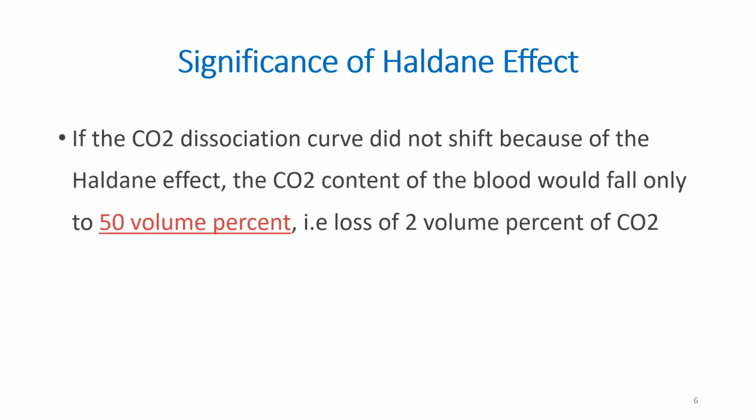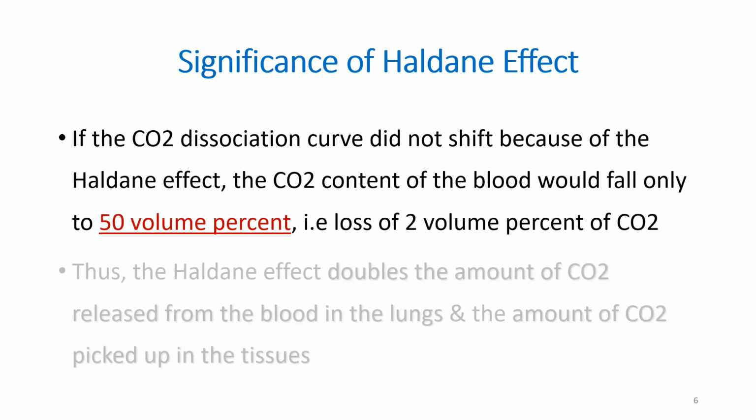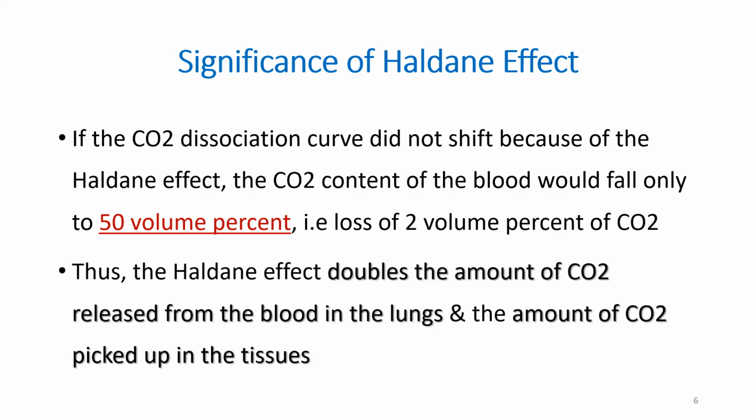If the curve did not shift because of the Haldane effect, the carbon dioxide content of the blood would fall only to 50 volume percent. That is a loss of only 2 volume percent of carbon dioxide. So this shows the significance of the Haldane effect. Thus, the Haldane effect doubles the amount of carbon dioxide released from the blood in the lungs and the amount of carbon dioxide picked up in the tissues.